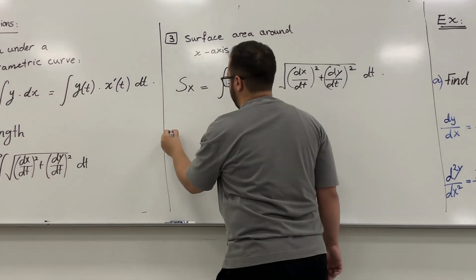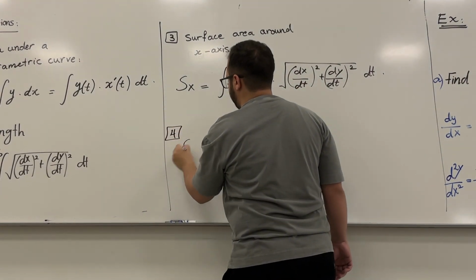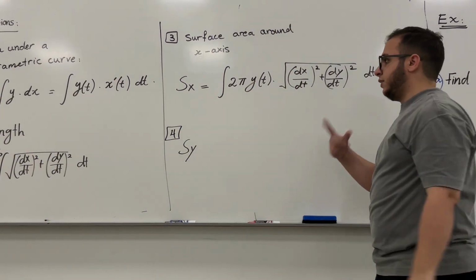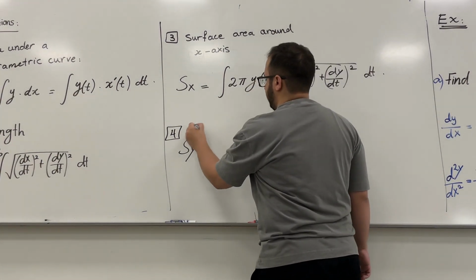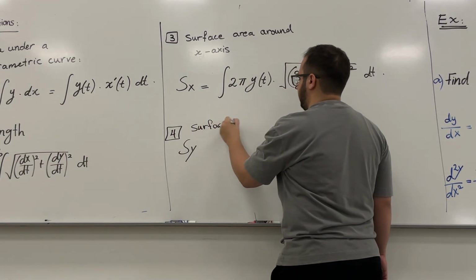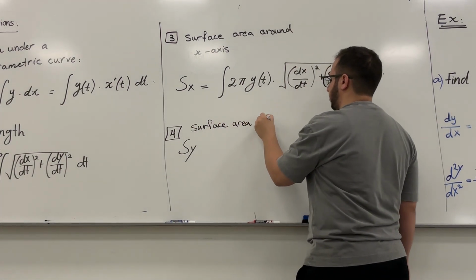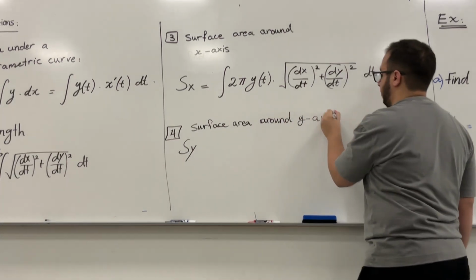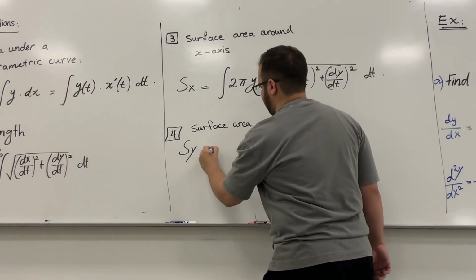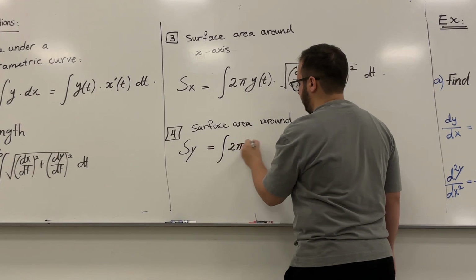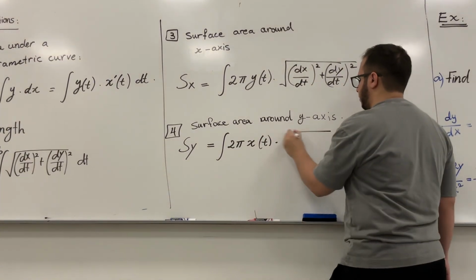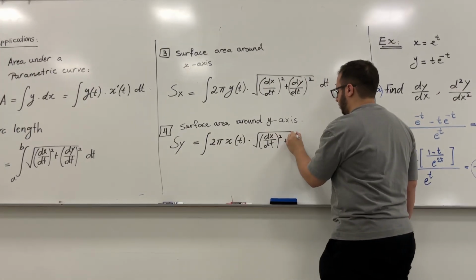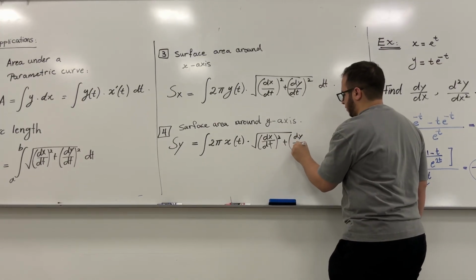And then the fourth equation, Sy, surface area around the y-axis. If I rotate around the y-axis, so surface area around the y-axis, 2 pi x of t times the arc length element. That's it.